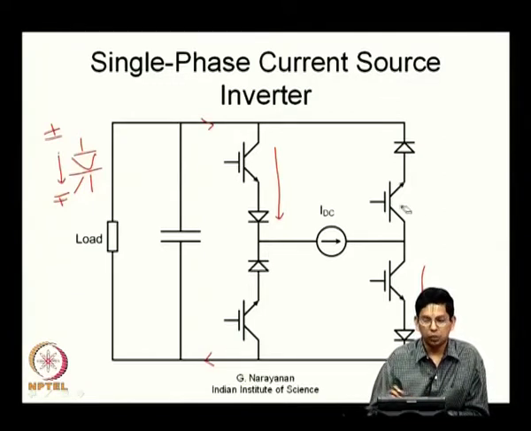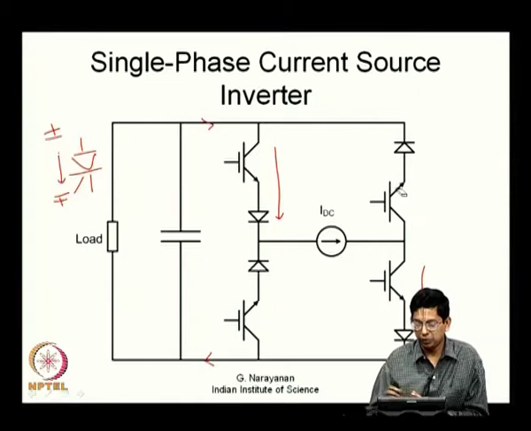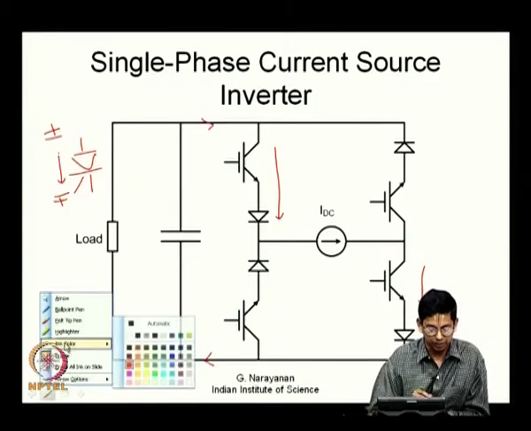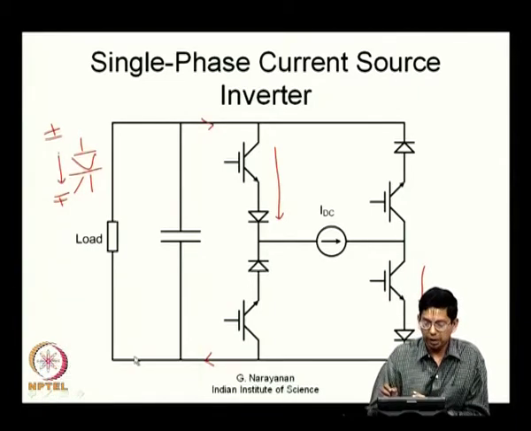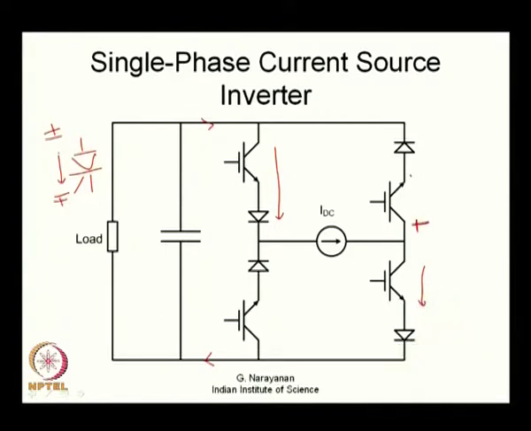This switch is off and it has to block a potential which is really bipolar in nature. It can be either positive or negative. So, this transistor is capable of blocking with this polarity and this diode is capable of blocking the other polarity. So, the two of them together can block any potential of either polarity. So, you get a 2 quadrant switch here. The same situation here also.